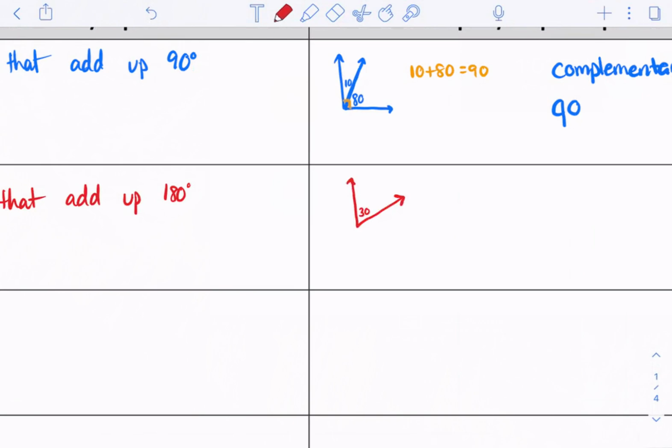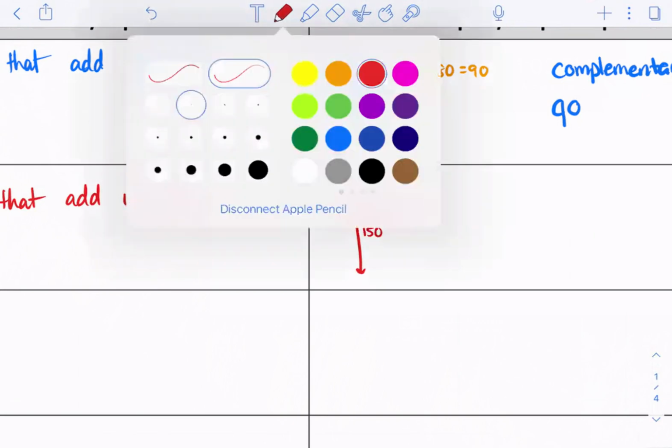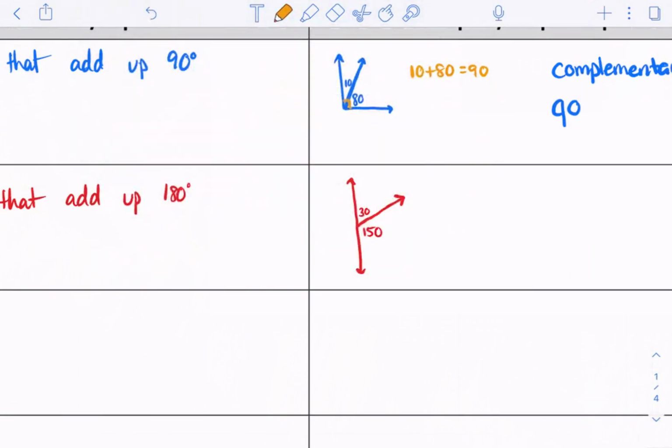So there's my 30-degree angle, and then adjacent to it, or right next to it, is this angle, and let's say that's 150 degrees. These two angles are then supplementary because if you notice, they make a whole straight angle, and 30 plus 150 is 180.